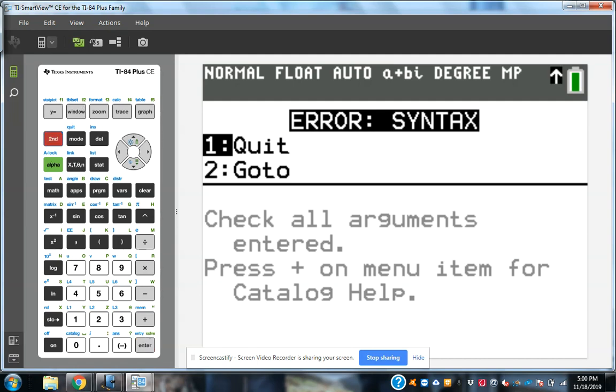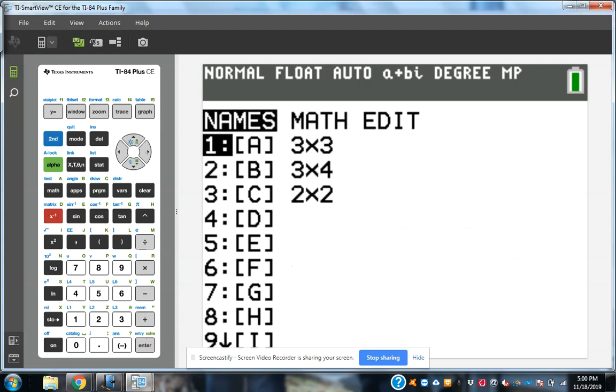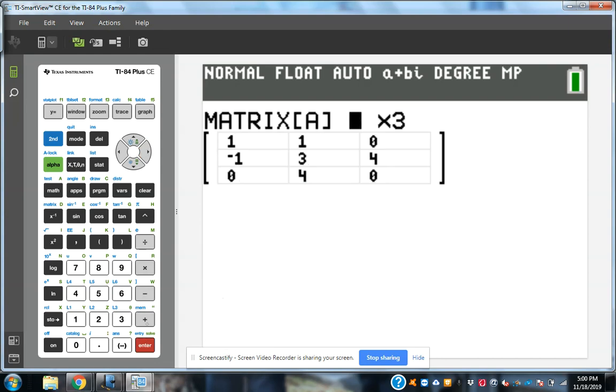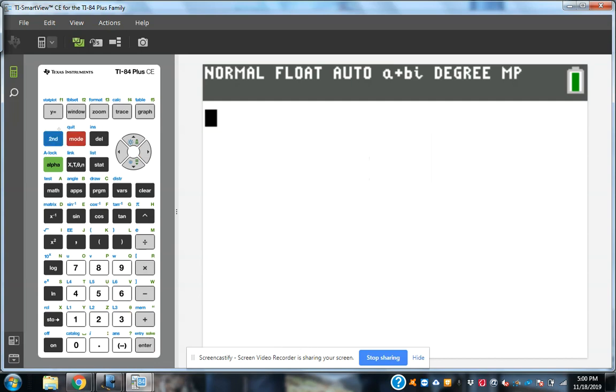Oops. Hit something wrong. Go back over there. That's a 3 there. There we go. All right, got everything in there.